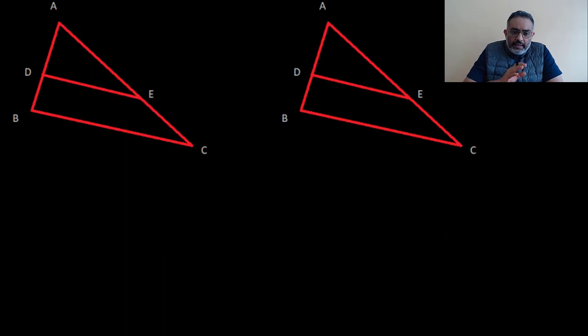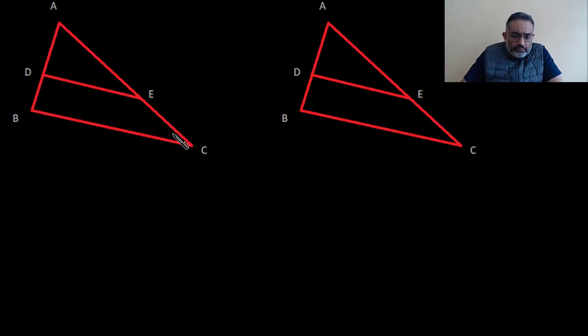I have created an exact replica of our example triangle here. So we've got ABC over here and the same triangle ABC over here with the cross line DE running in parallel to BC.